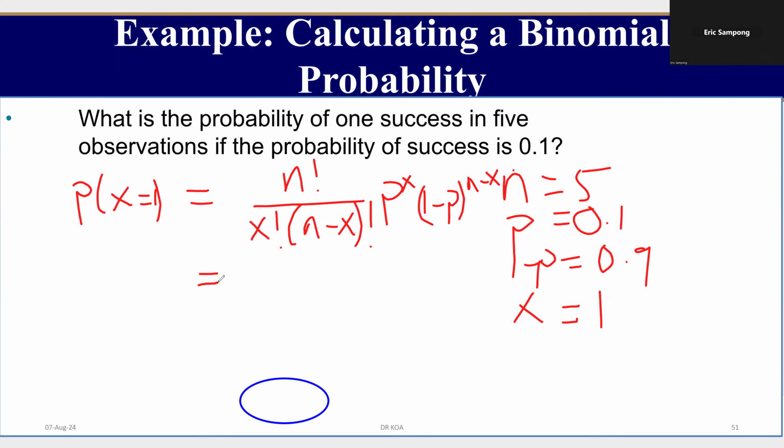You should know what an X factorial is. N factorial here, N is 5. So N factorial will be 5 times 4 times 3 times 2 times 1. And that is divided by X factorial. X is 1. So 1 factorial is what? If you have a calculator, you would have done that.